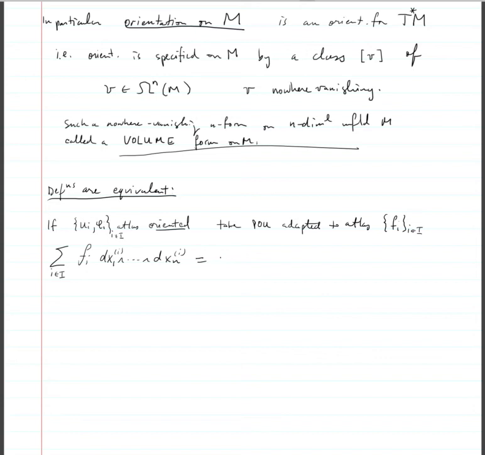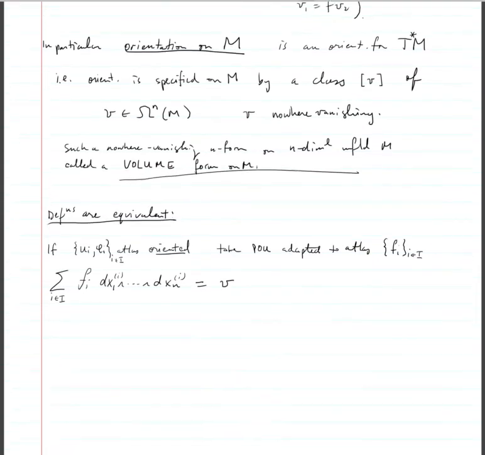This thing is what I'll call V. And so this will be a nowhere vanishing rank n form. Okay, so that's one direction.